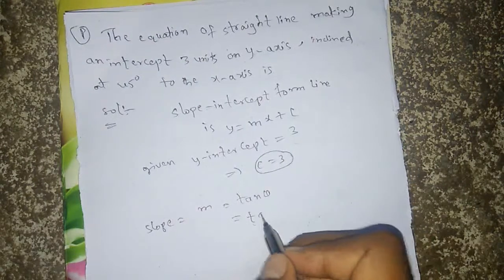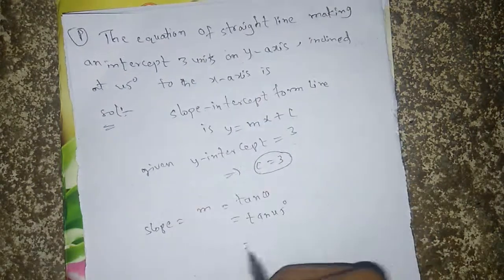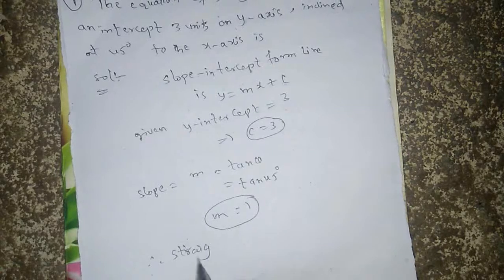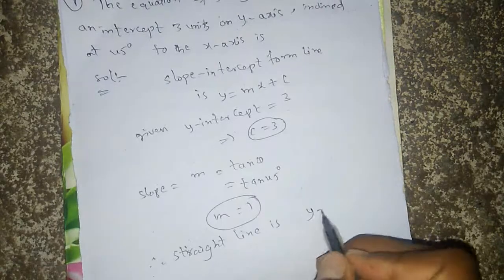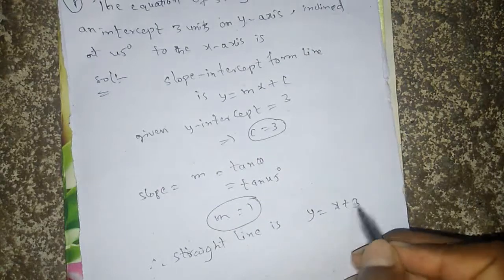Theta is given as 45 degrees, tan 45 = 1. Therefore m = 1. Therefore the straight line is y = x + 3.